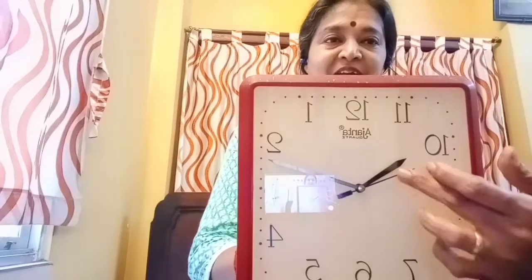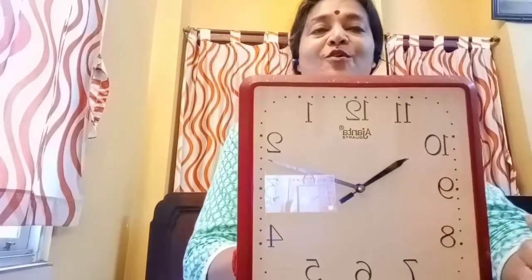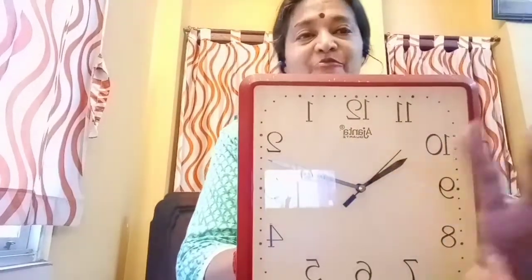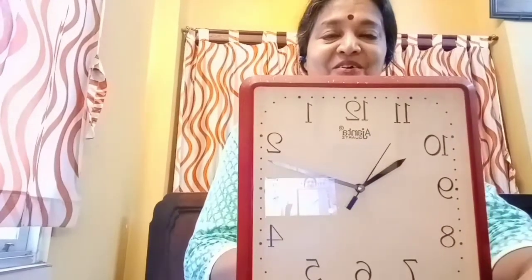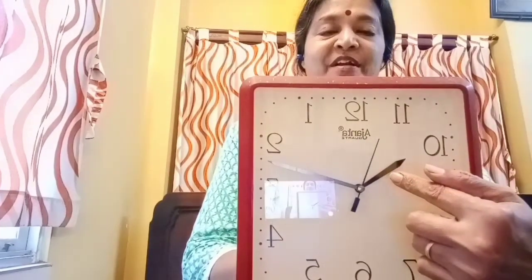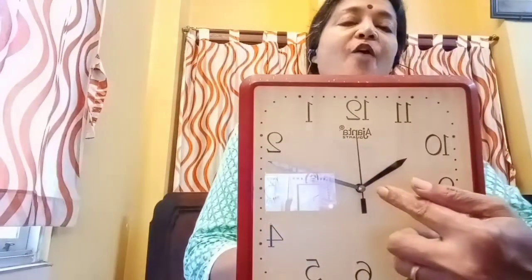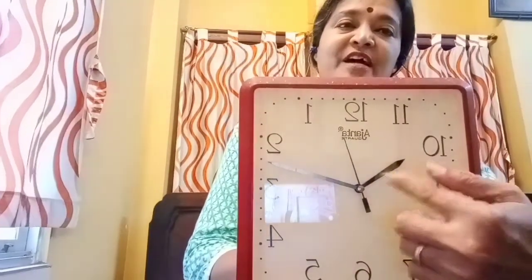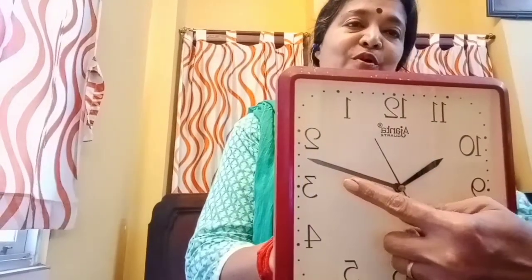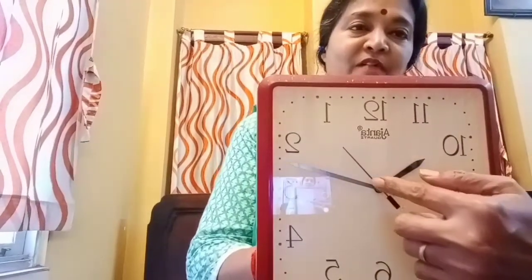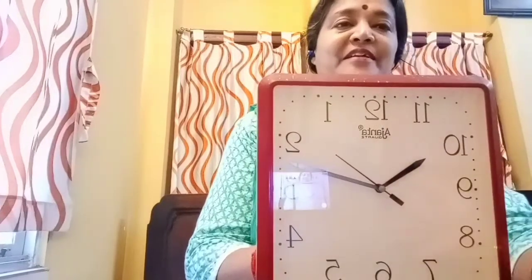Each and every second it moves. So today we got a few pieces of information regarding the clock. It has 1 hour hand and 1 minute hand. The hour hand is also called the short hand. The minute hand is also called the long hand. And the third one is the seconds hand.